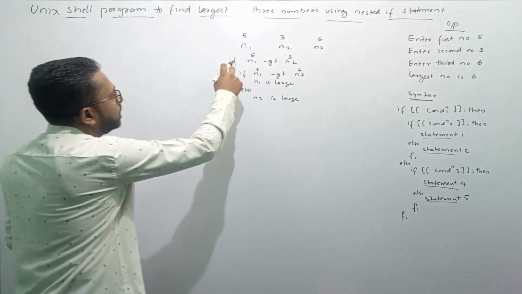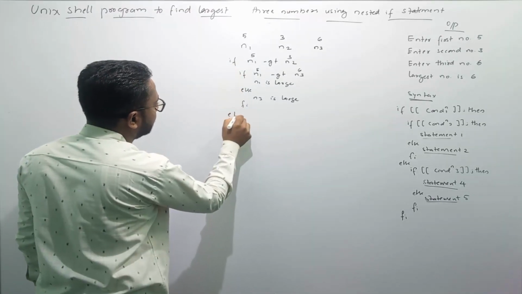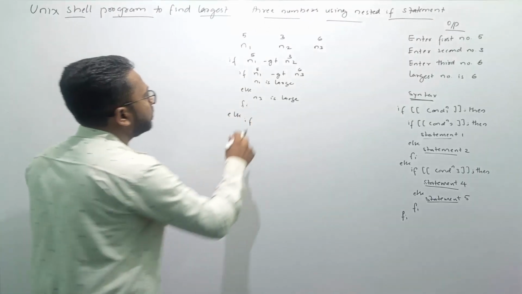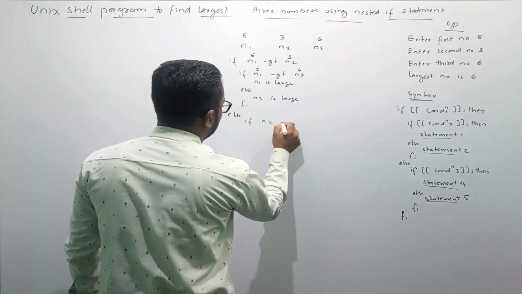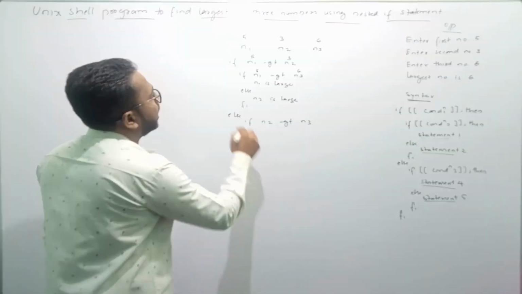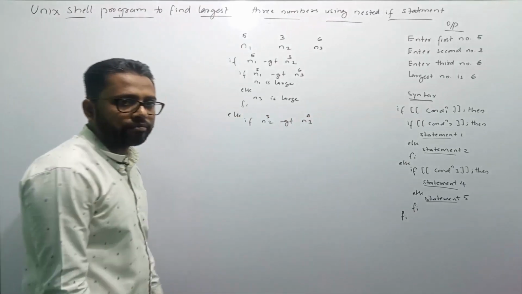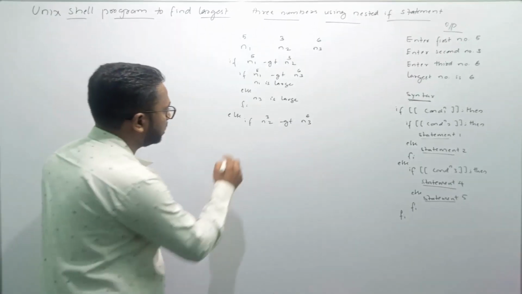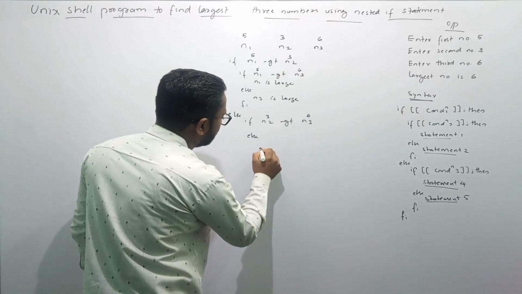Now if this first condition itself becomes false, then control will come to else, where we will perform one more if condition, where we will compare n2 and n3. If n2 is greater than n3, n2 is 3, n3 is 6. 3 is not greater than 6, that's why control will come to the else block to print n3 is large.